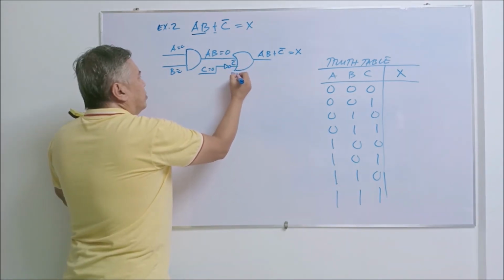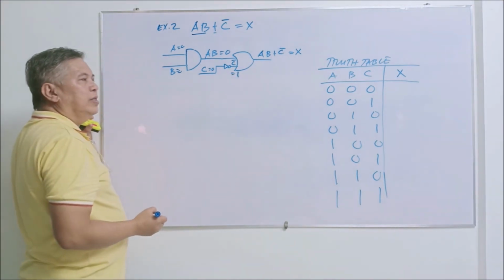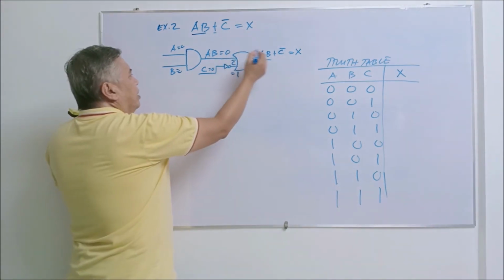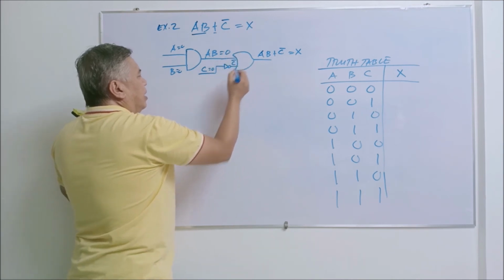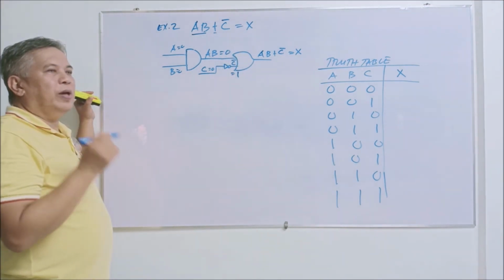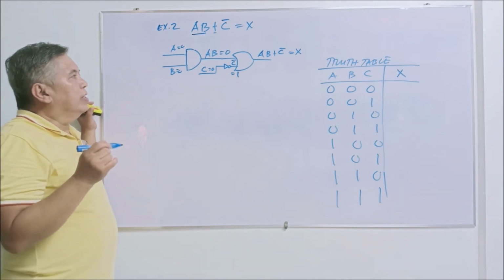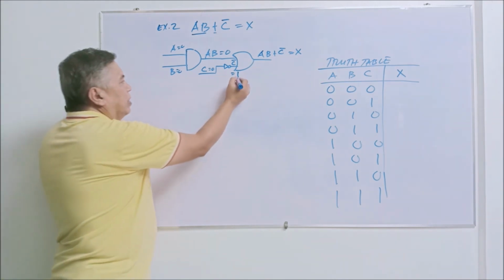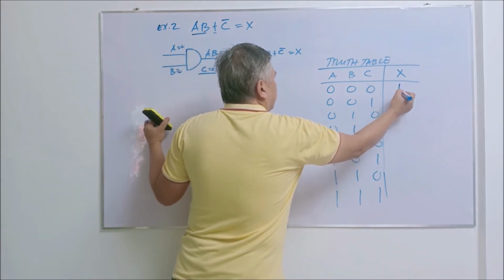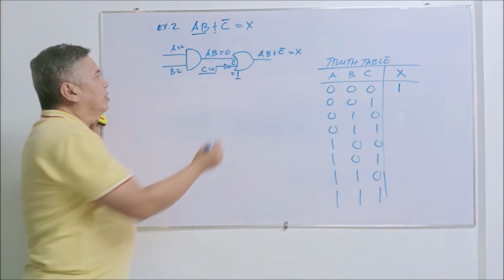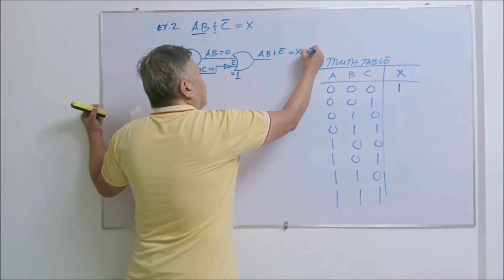So the value of your C complement is 1. So for the output X, you have 0, 1. And the OR gate says if any of the inputs is high, the output is high. So the output X here is 1. So 0, 1 is equal to 1.